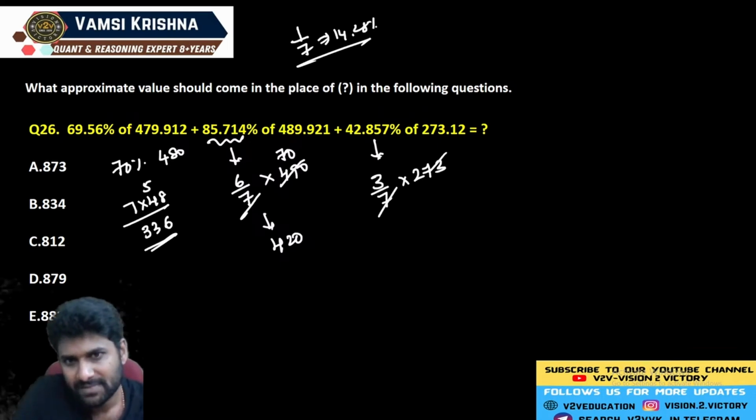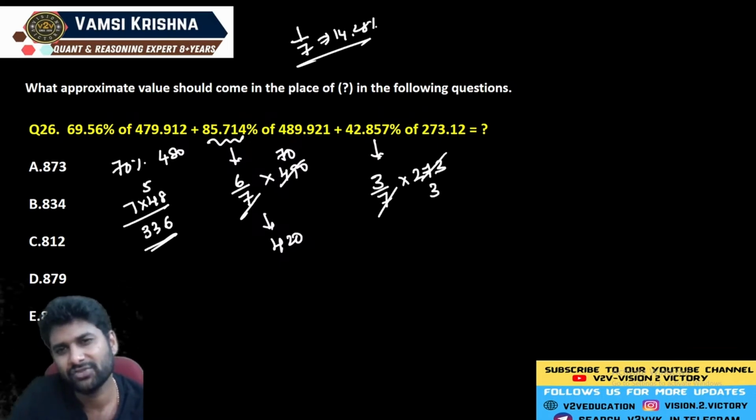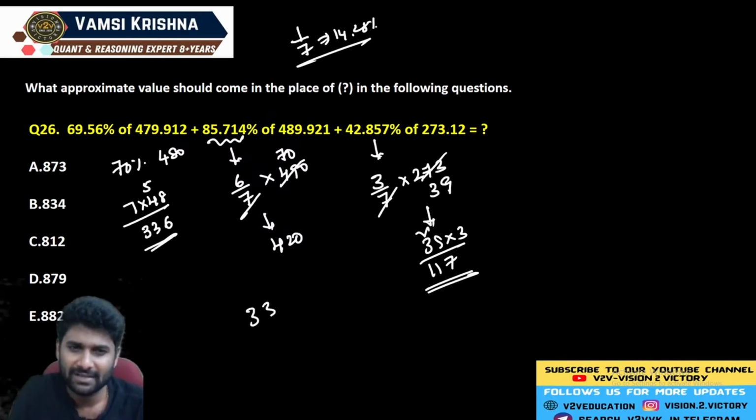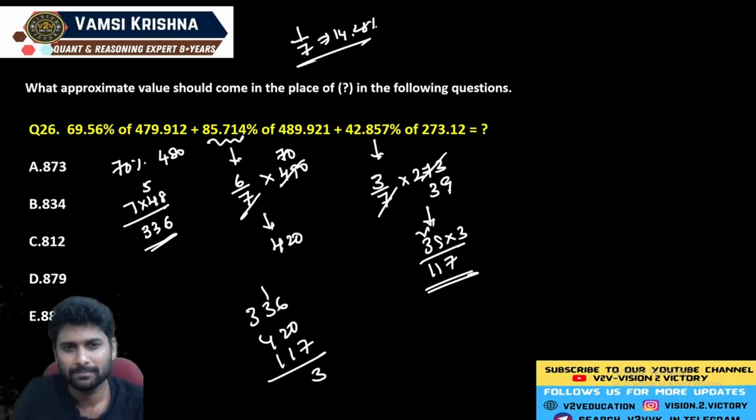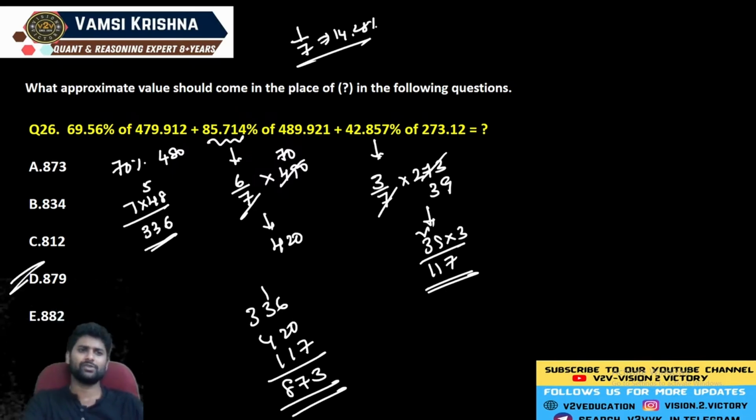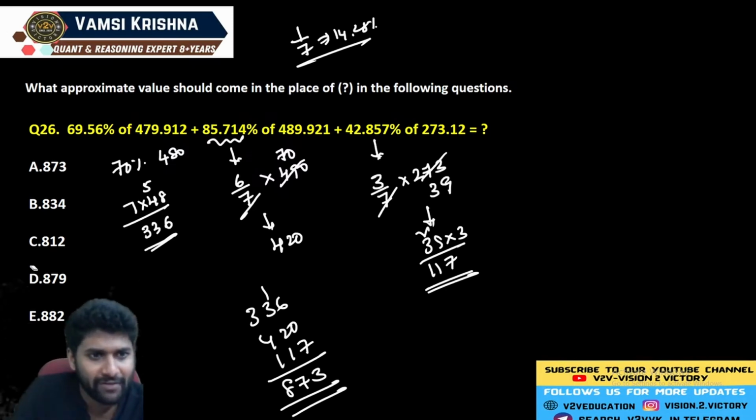Again multiply here. 7 threes are 21, 63, 9 times. So 39 multiplied by 3 times is 117. Add all the numbers, you will get the answer. 336, 420, 117, that is 873. So we have 873, right?